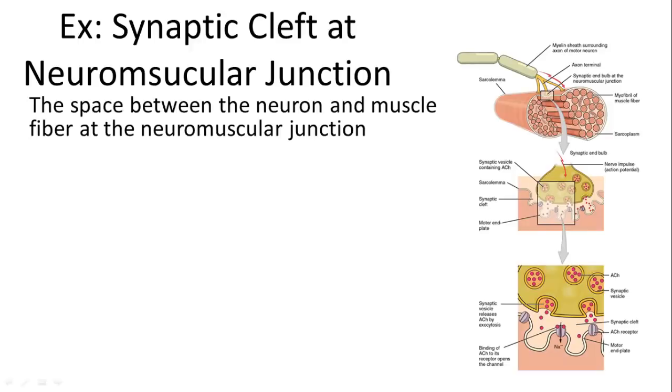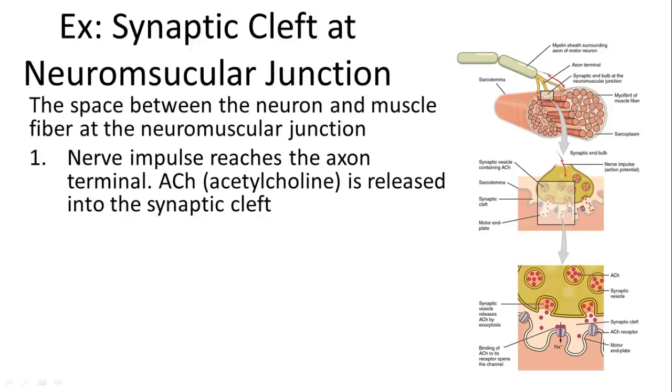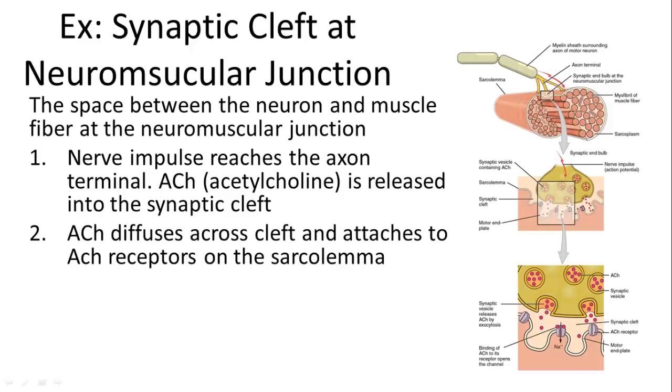So the next thing that happens, after the nerve impulse and acetylcholine is released, the acetylcholine diffuses across the synaptic cleft and onto receptors on the sarcolemma, the part of the muscle.